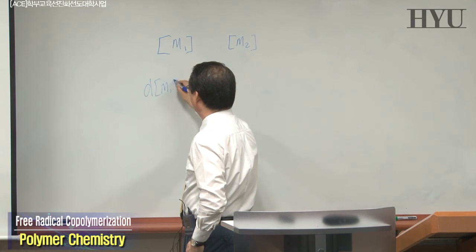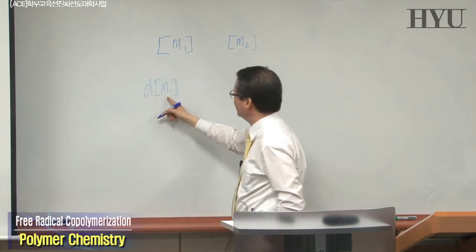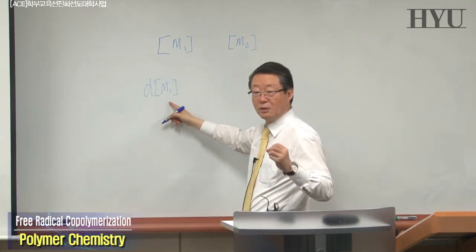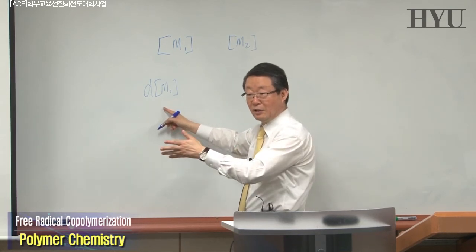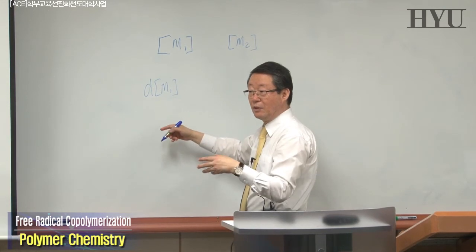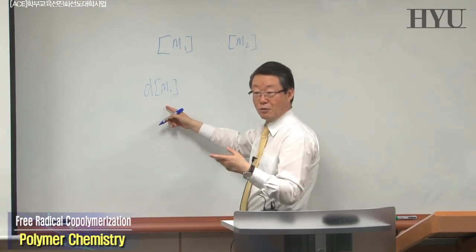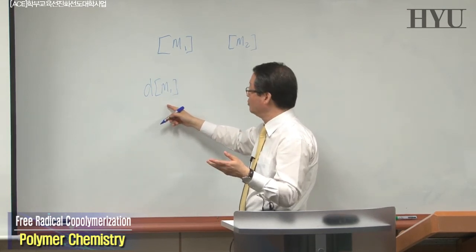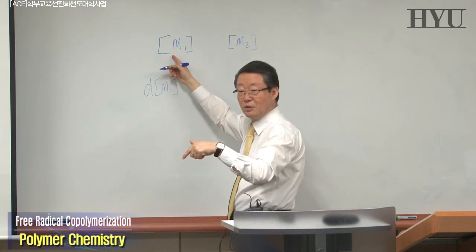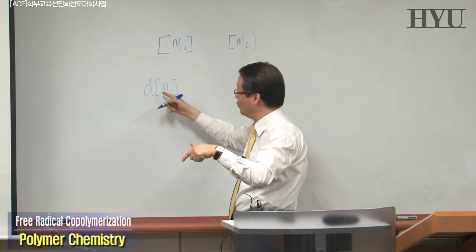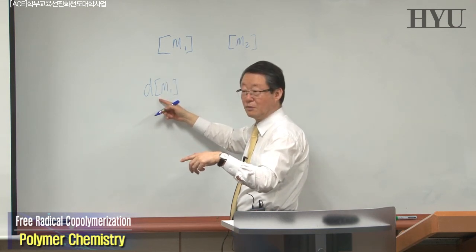dM1 means the monomeric units that you put in the reactor, right? But finally, after some time, you could make the polymer or copolymer systems, but you do not know whether this M1 in the initial reaction will completely end up in the copolymer, right?